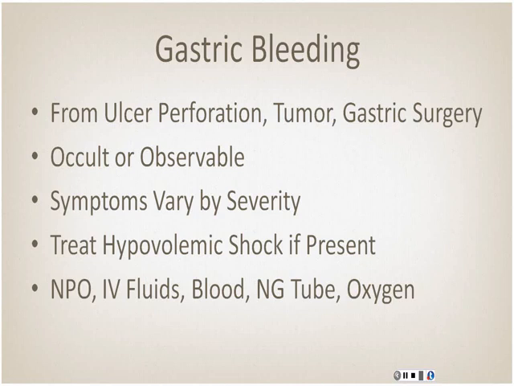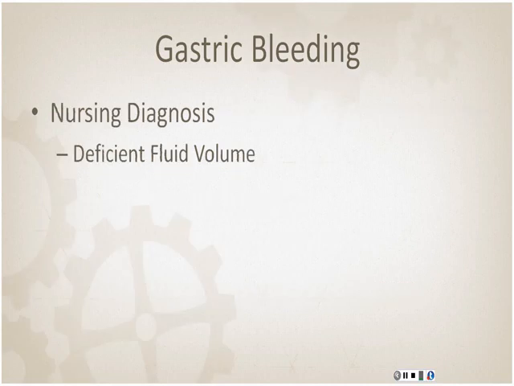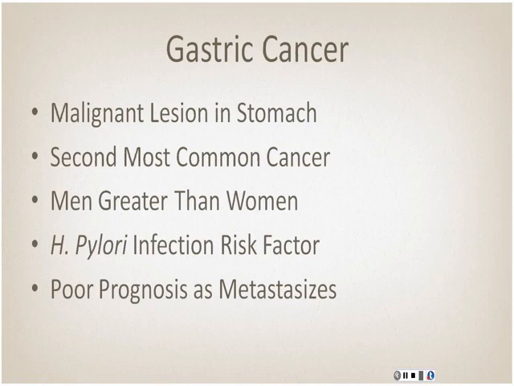Certainly we need to really keep track of these folks and assess them for signs and symptoms of hypovolemic shock, which again would include hypotension, chills, thready pulse or palpitations or diaphoresis. The goal of treatment is to prevent hypovolemic shock and dehydration, so they may also get IV fluids or electrolytes as well. We also want to prevent electrolyte imbalances and prevent further bleeding.